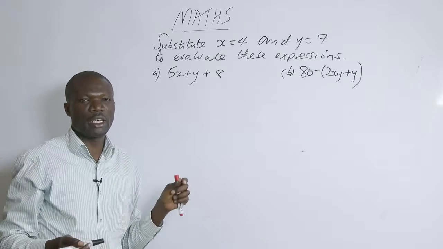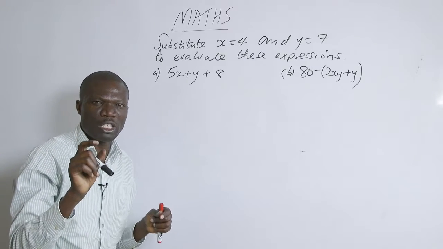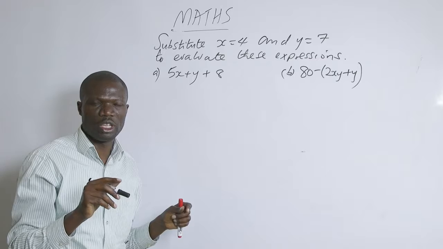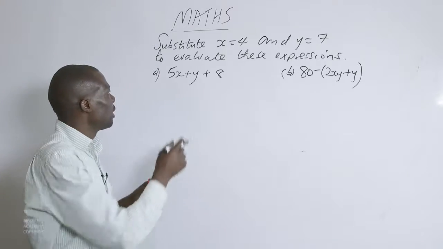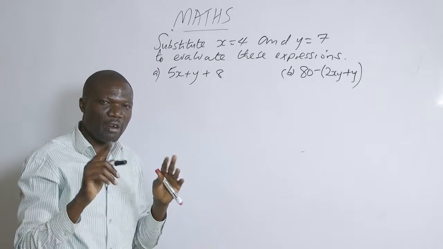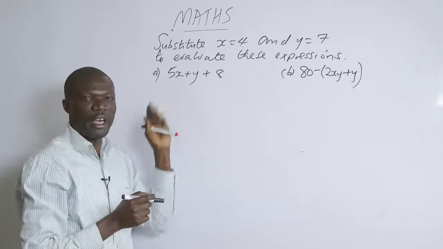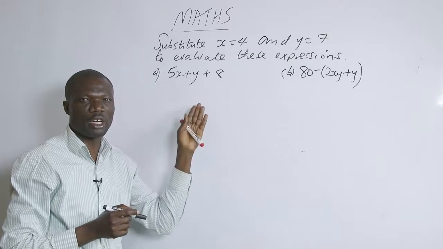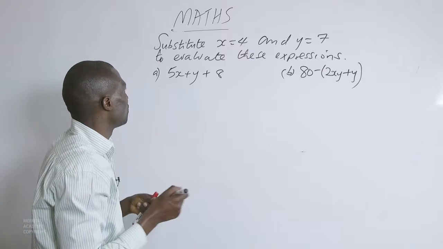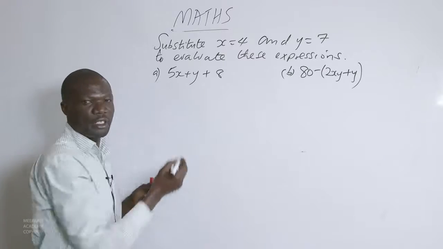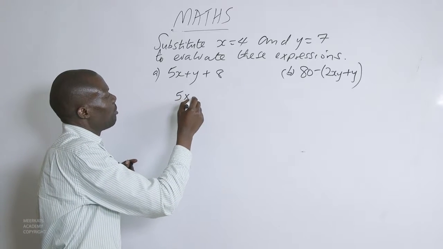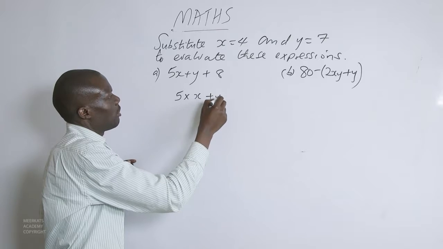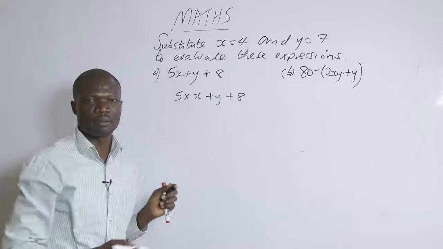Now we say here that we have multiple pronumerals. That is, we have several unknowns or variables. In the first case here, we have two unknowns. We have an x pronumeral and we also have a y pronumeral. So we shall first rewrite this by its meaning, which is 5 multiplied by x, plus y, plus 8.